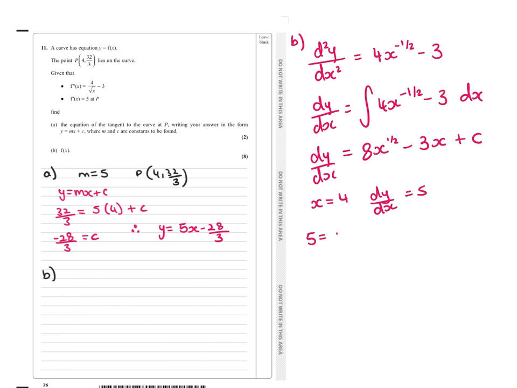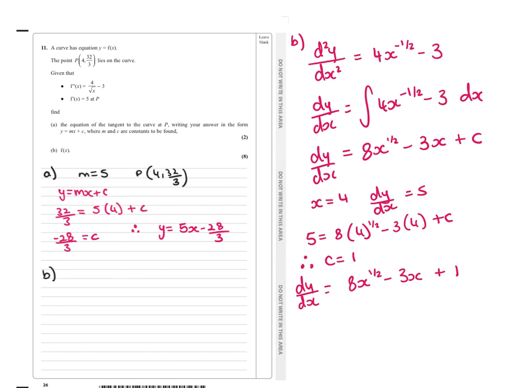So we know that 5 equals 8 lots of 4 to the power of a half minus 3 lots of 4 plus c. So 4 times 2 is 16, minus 12 is 4. 5 minus 4 is 1, so c equals 1. So now I know that dy by dx equals 8x to the half minus 3x plus 1.